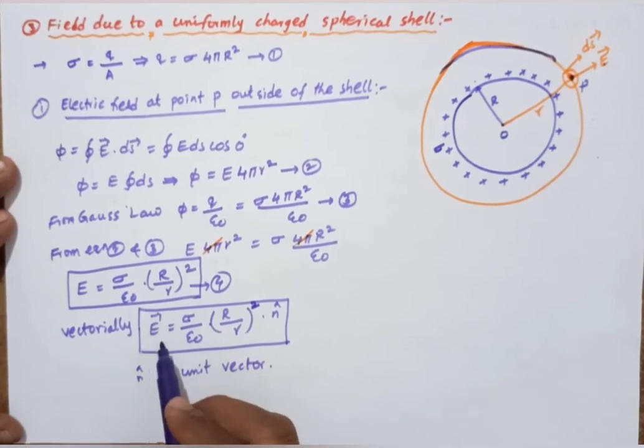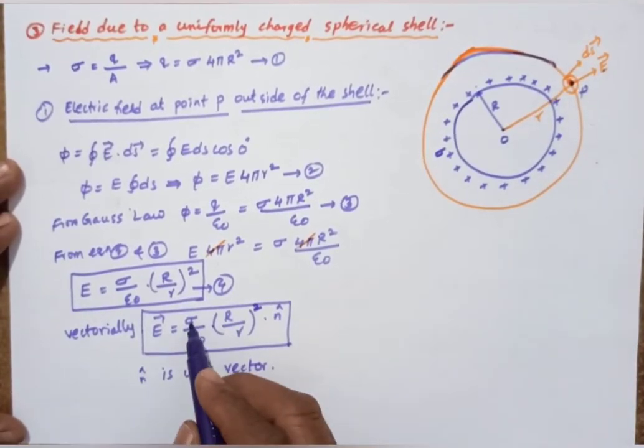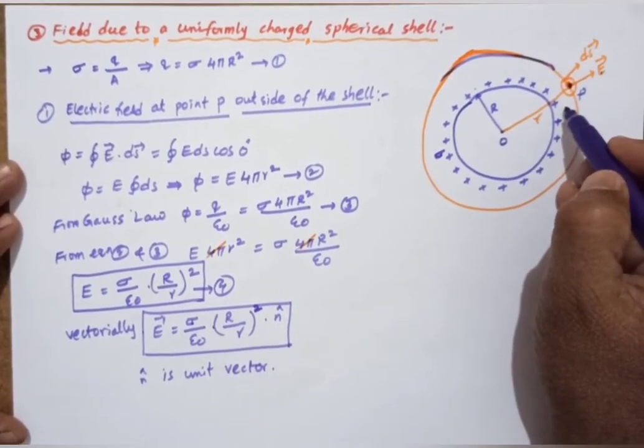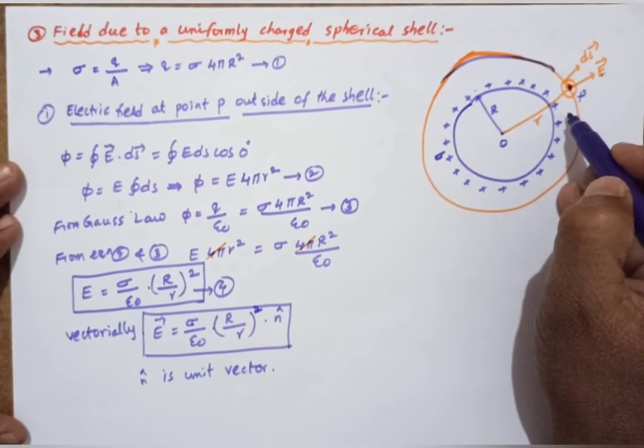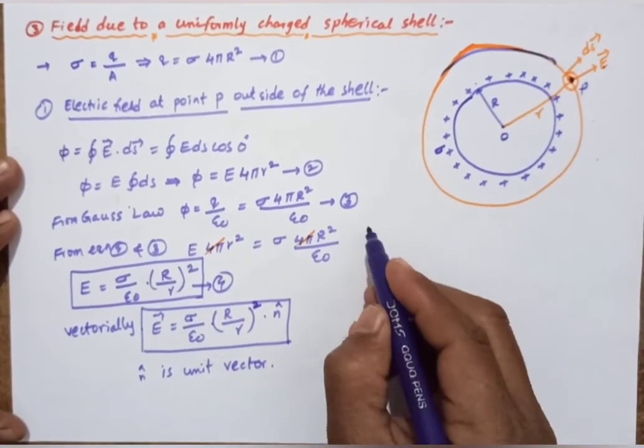The direction of E is outward when sigma is positive. When sigma is negative, E is inward to the spherical cell.